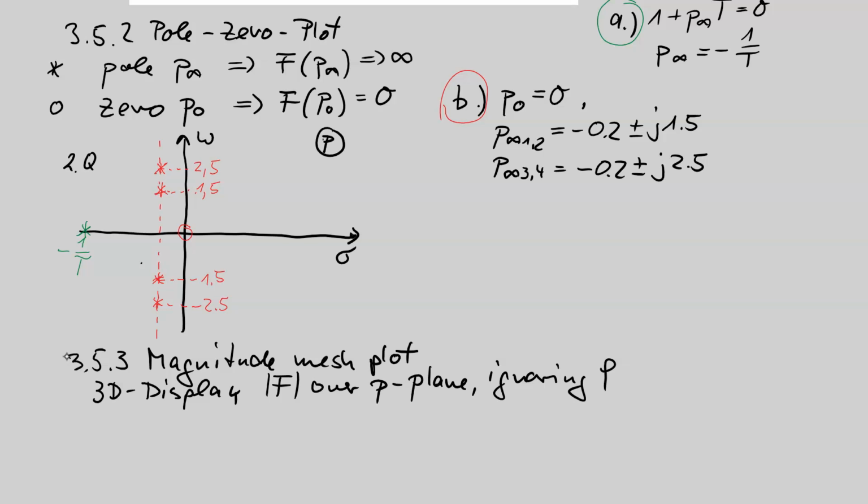This is the second quadrant, this is the first quadrant, this is the third one, and the fourth one. We display over the p-plane only the second quadrant. And then, okay, you have a three-dimensional display.